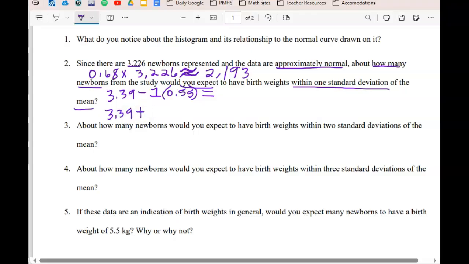Plus. Plus 1 standard deviation from the mean. Okay, and then now we have our interval, and then we'll write a sentence about it. So let's calculate the lower bound and the upper bound of the interval and write a statement for these 68% of newborns. Do not do this in your head. Please type it, somebody.